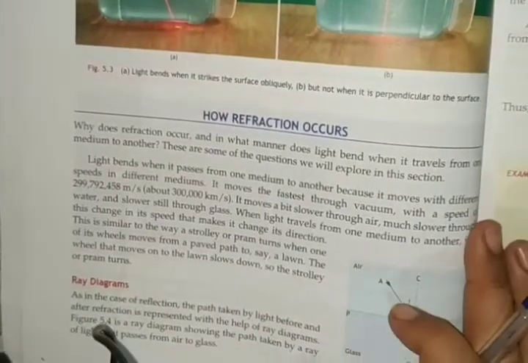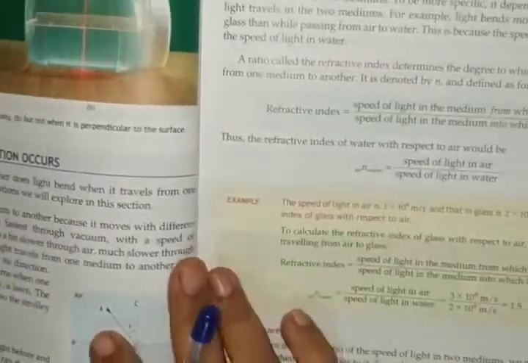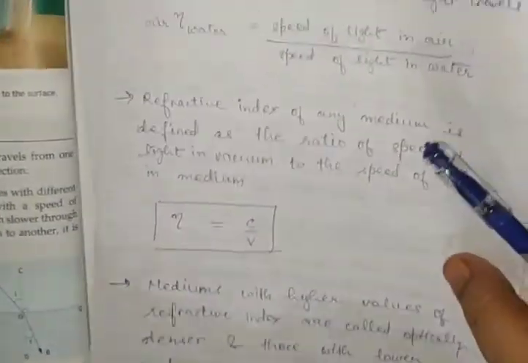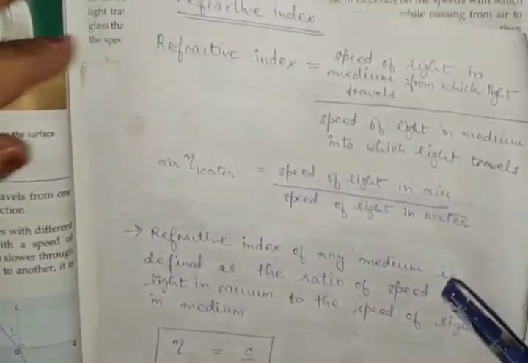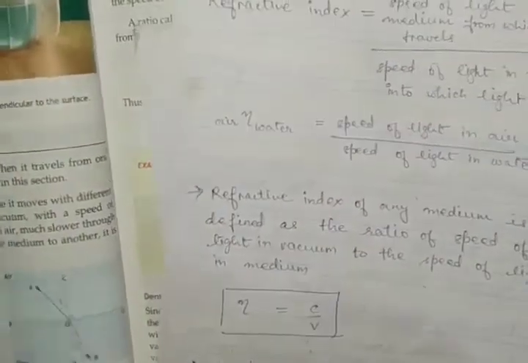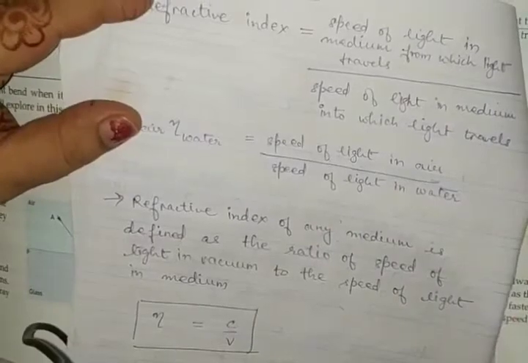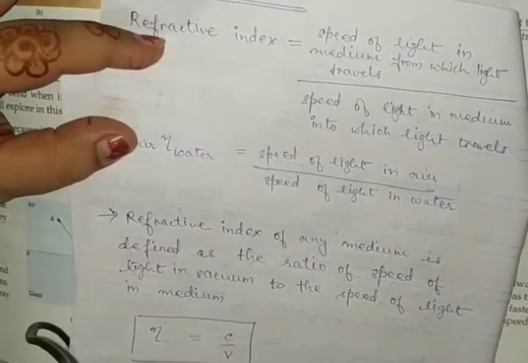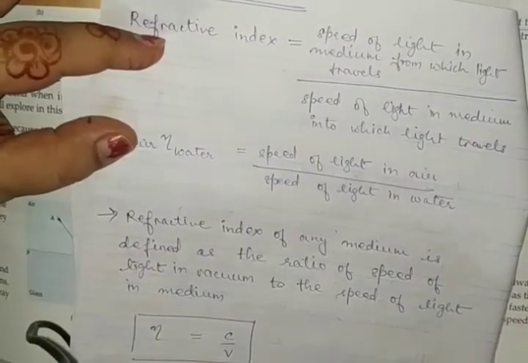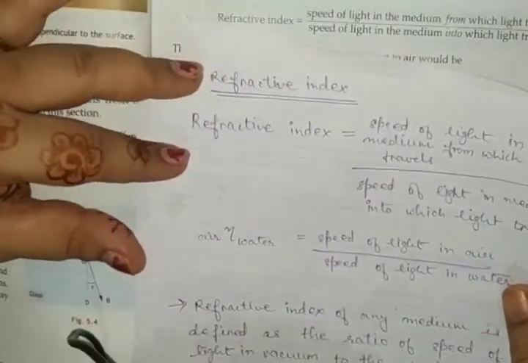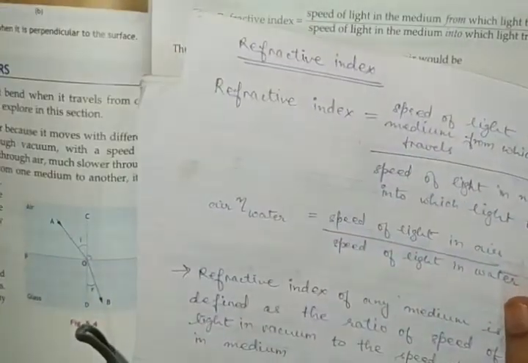Fine. So there's another term, that is refractive index. Okay, so refractive index is something on which the bending of light depends. That means whether the light is going to bend less or more will depend on the refractive index of the medium.